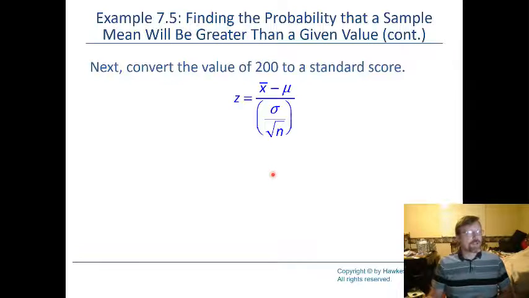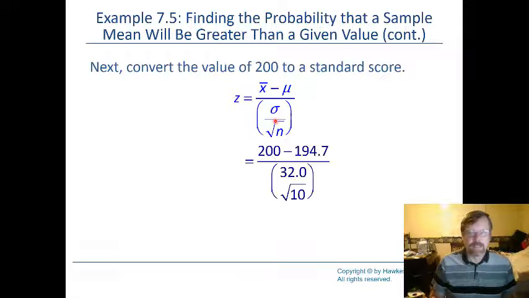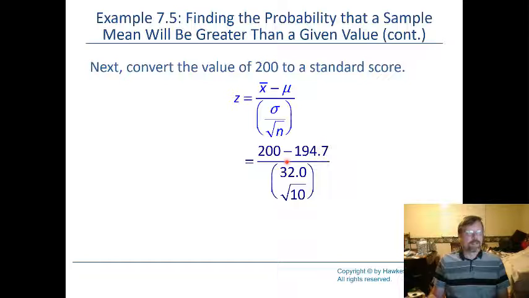So it's sample mean minus population mean over standard deviation divided by the square root of the sample size. So 200 is our sample mean, 32 was our standard deviation, 10 was our sample size, 194.7 is our population mean. That gives us approximately 0.52.